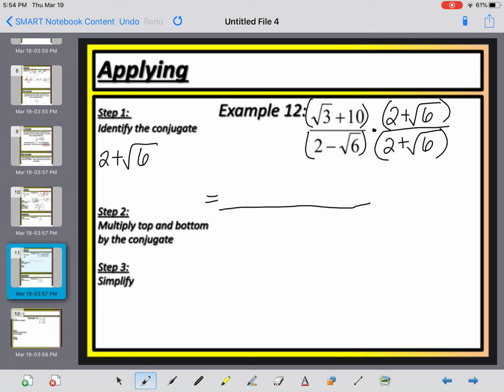Okay, so again, if you want to write your FOILs off to the side of your problem, I highly suggest doing that so that you don't make any mistakes. Okay, so I'm doing square root of 3 times 2 and times radical 6. And then we're doing 10.